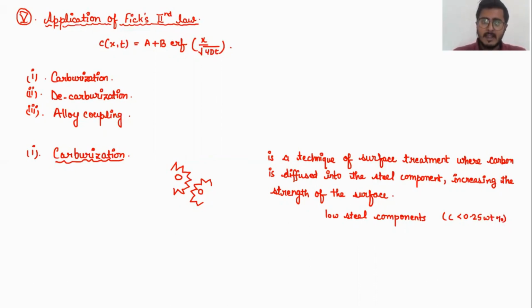And in this, carburization plays an important role. So how is carburization mainly carried out? In order to understand that, let us take a block of low carbon steel and understand how carburization takes place. We know that carburization is a surface technique, right?